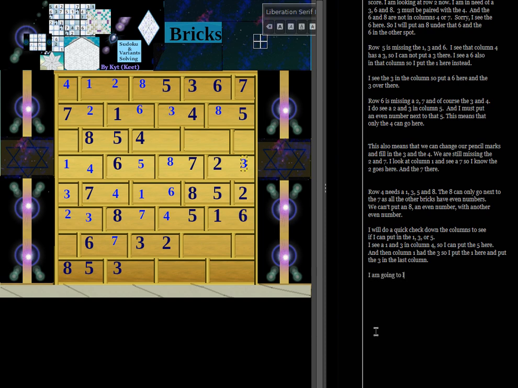I'm going to look at columns now. Column 1 needs a 5 and 6. I see a 5 in row 3, so I put the 6 there and put the 5 in the other spot.